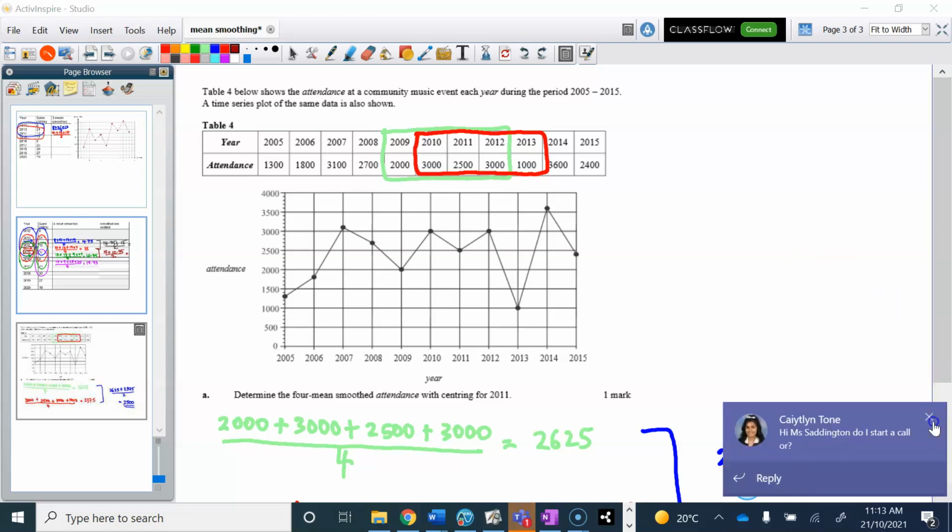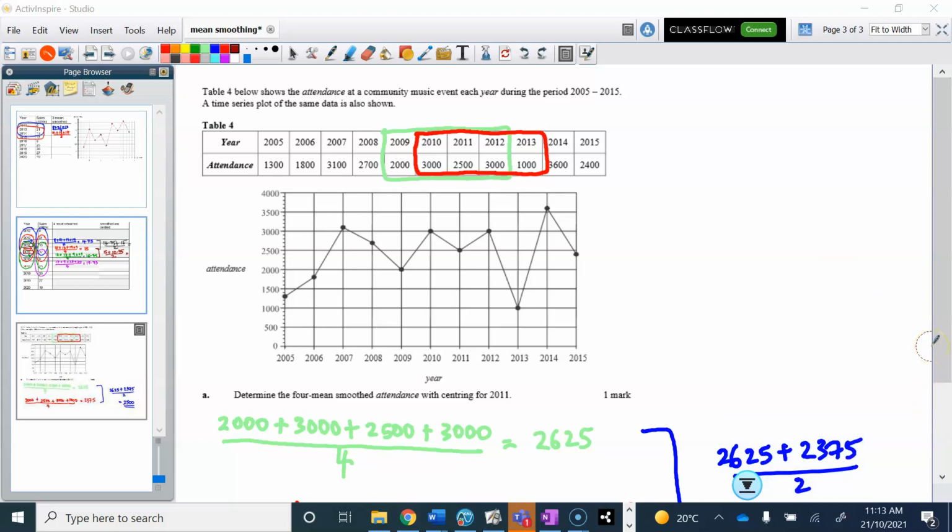This particular question is looking for a 4 mean smoothed value for the year 2011. So here's the year 2011, and what we're looking for is the value using 4 pieces of data that sort of surround that 2011 year.